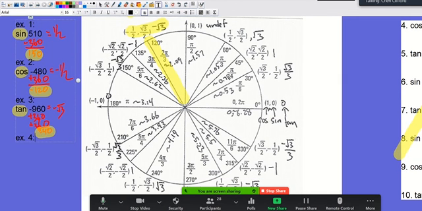I'm going to call this example 1b, example 2b, and example 3b. Let's say instead of sine, they ask you for cosecant. And let's say instead of cosine, they ask you for secant. And let's say instead of tangent, they ask you for cotangent.